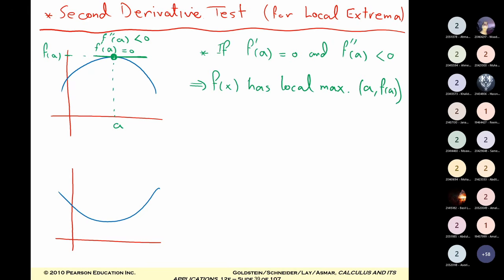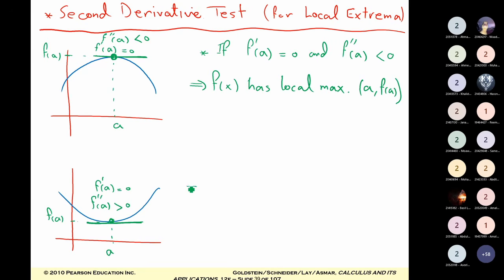Okay, look at the second curve. We have A and f(A). We have f prime of A equal to 0 because this is a stationary point, and this point is also on the concave up part of the curve. If concave up, we have positive f double prime.